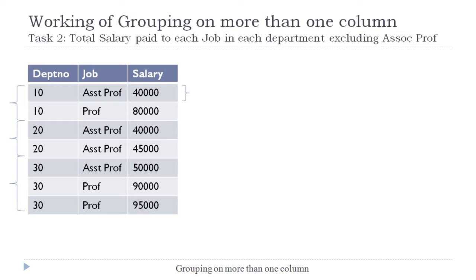So this subgroup will contain only one record. Subgroup of professor in department number 10 will also contain one record, while subgroup of assistant professor in department number 20 will contain two records as shown here. Subgroup of assistant professor in department number 30 will contain only one record, while subgroup of professor in department number 30 will have two records.